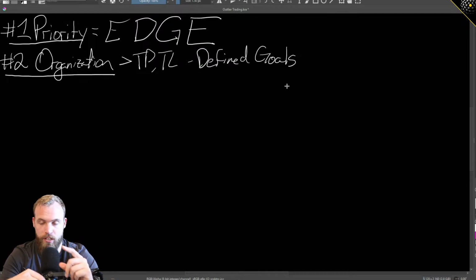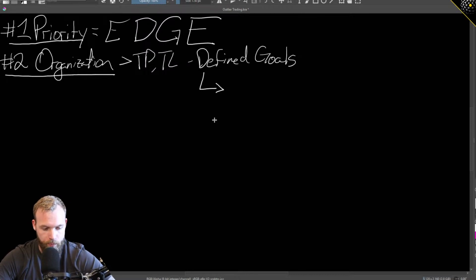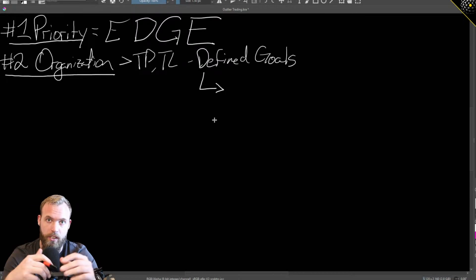And here's the fun fact. If traders actually spent time up front defining what their goals are, and not just defining a goal in the context of, oh, I would like this. Not that at all. That's bullshit. Nobody cares what you'd like. Defining goals in the context of, I think this is in the realm of possibility.